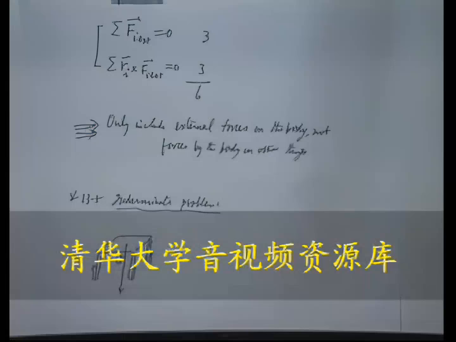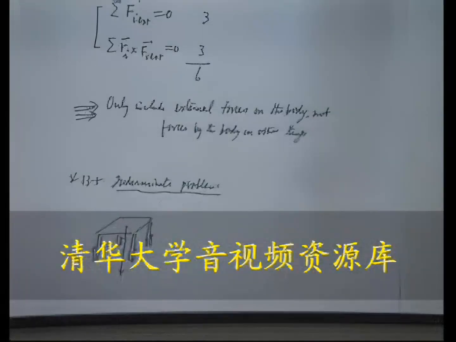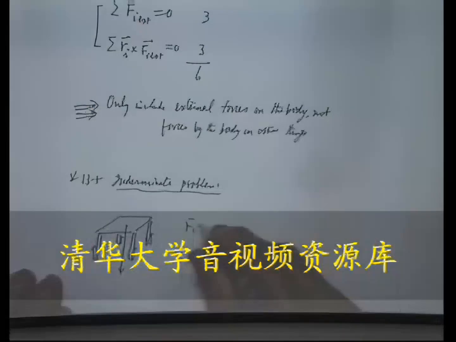One is the gravity in the center, and then the four forces on the four legs. So you have F1, F2, F3, F4. You have F1 plus F2 plus F3 plus F4 is equal to mg.